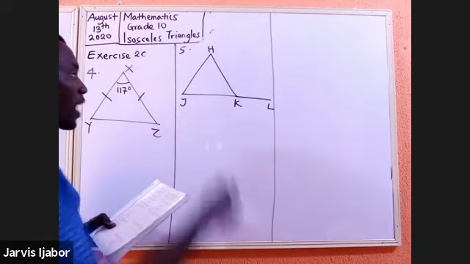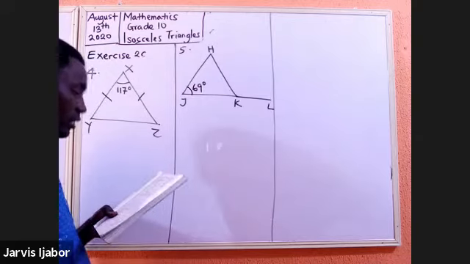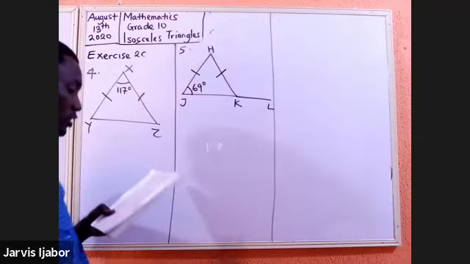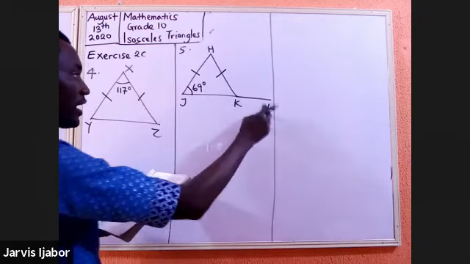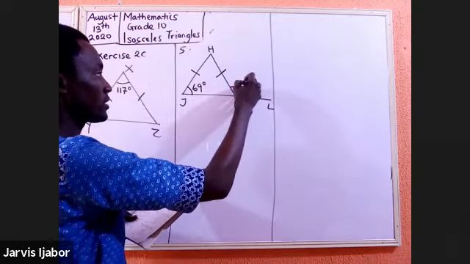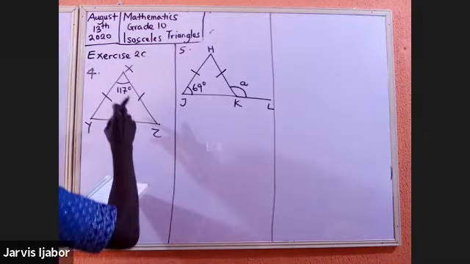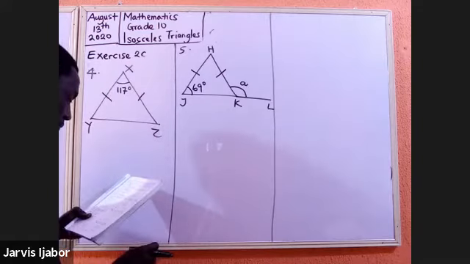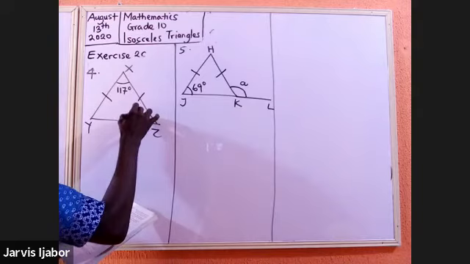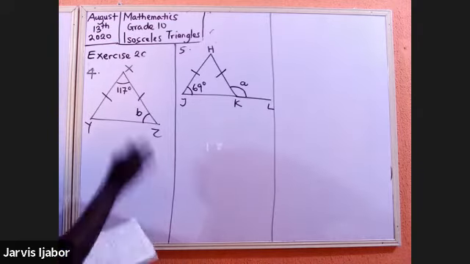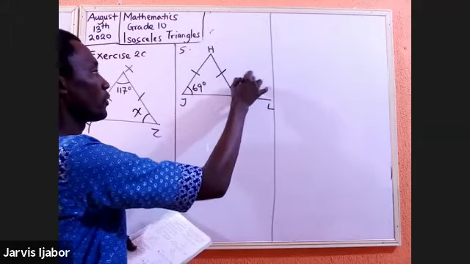If the angle at J is what? 69 degrees. This is isosceles, so that's what it will mean. They are told to find HKL. So this is what they want you to find. Let me call it A. That's what they want you to find. Here, they want you to find Z. So let me call it B. Or let me call it X. Let me use X so that X will just be a uniform thing for all they are looking for. All right, that's for question 5.